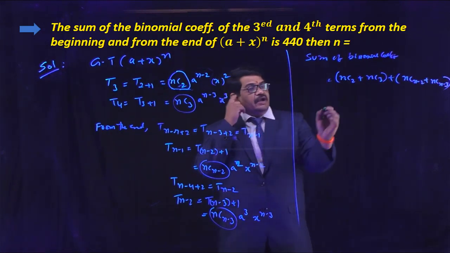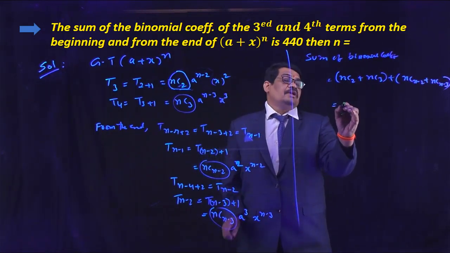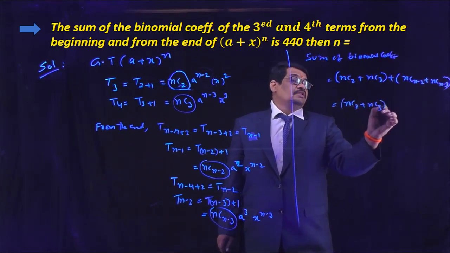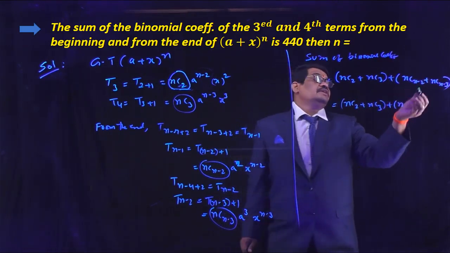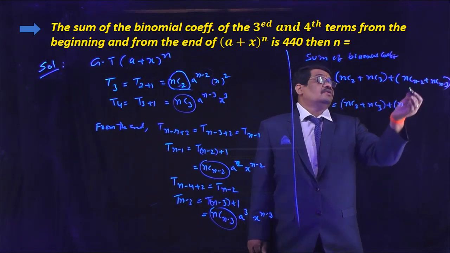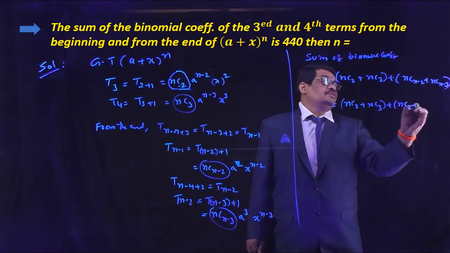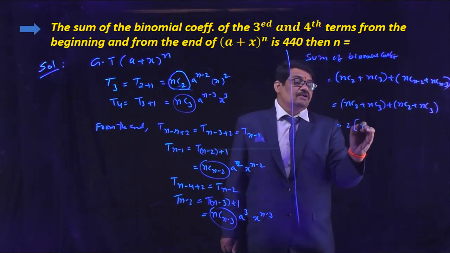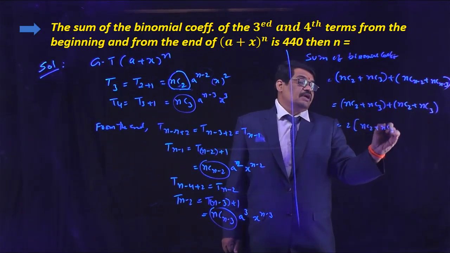Now we have to find this, that is nothing but nC2 plus nC3. This can be written as nC(n minus 2) is nC2, and nC(n minus 3) is nC3. That is 2 times (nC2 plus nC3).